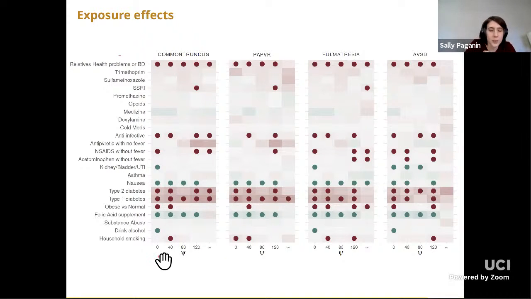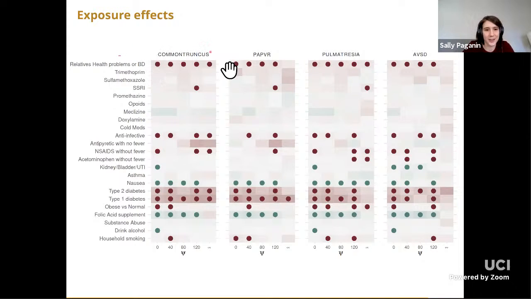So in these plots, I chose 4 different birth defects, some of the exposure factors, and cells in the heat map are colored according to the value of the estimated coefficients, with dots indicating whether that coefficient is significant. So red is negative, significant is bad, and green is positive.